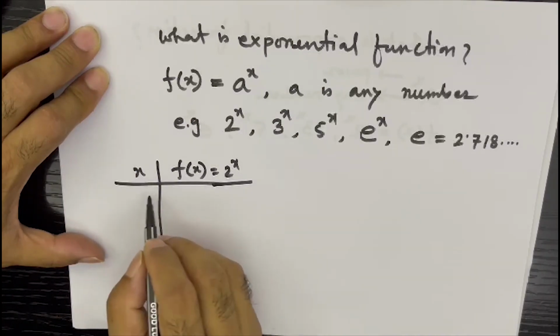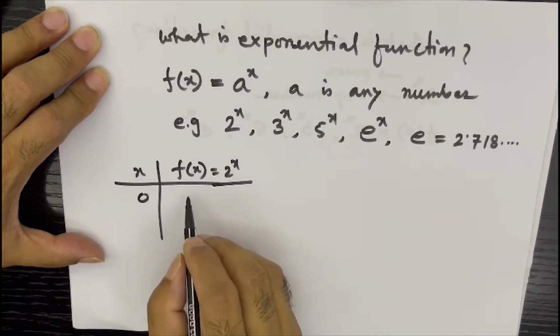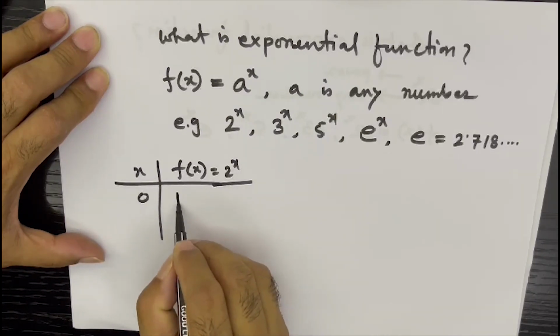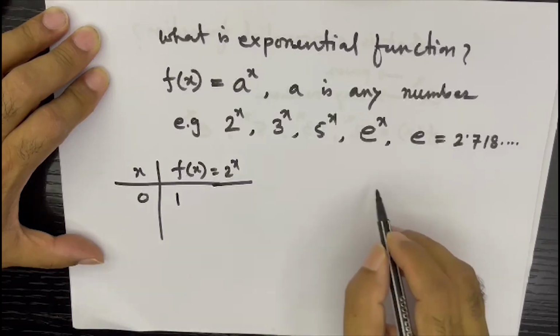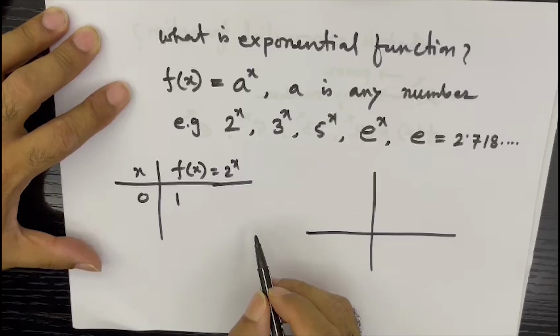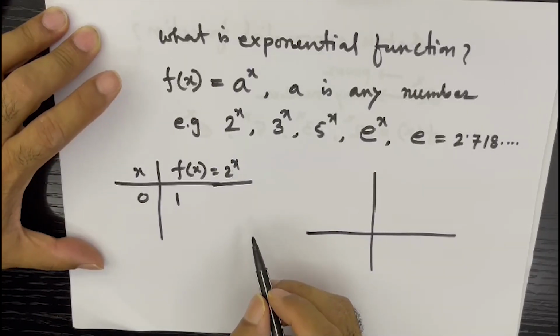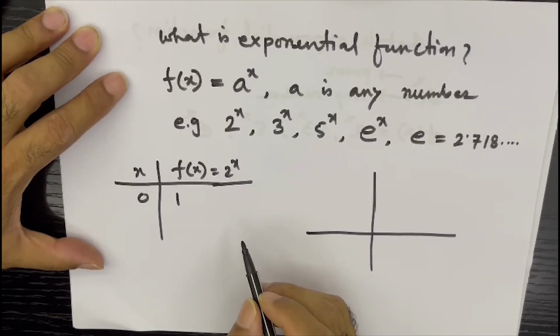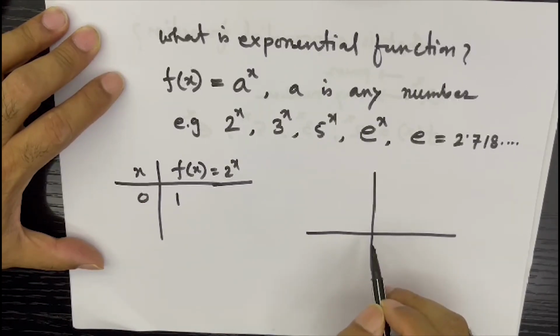If x equals 0, it will be 2 to the power 0, which is 1. All exponential functions are positive, that means it will stay above the x-axis.